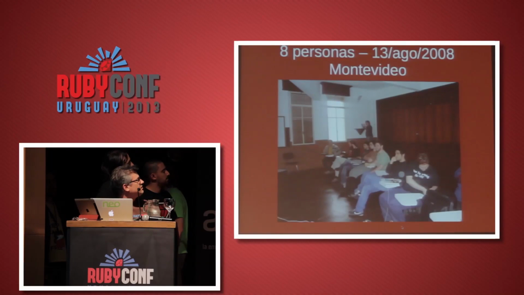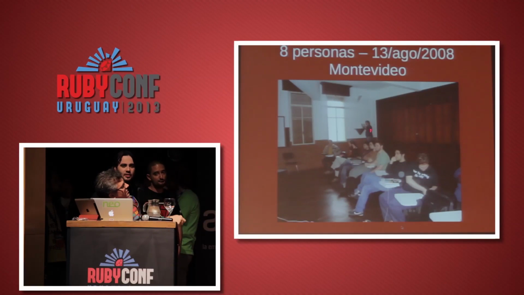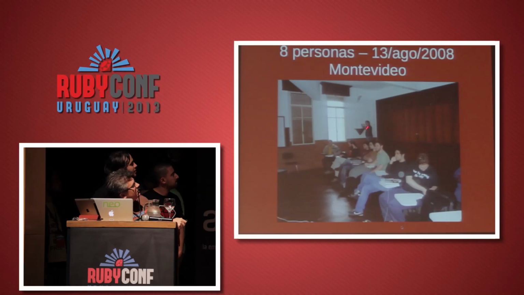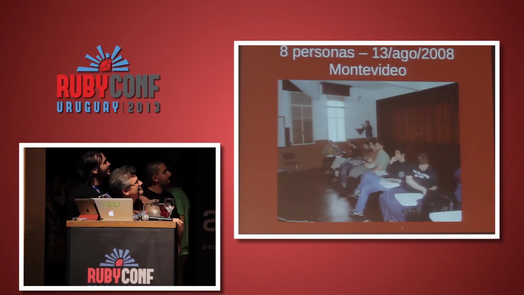And, well, this was quite a success. And then there were 8 of us in 2008. I don't recall where this was, but Evan was already with us. Both is there, they're taking a picture or something in the back. And Rodolfo Pilas is there, the sysadmin.